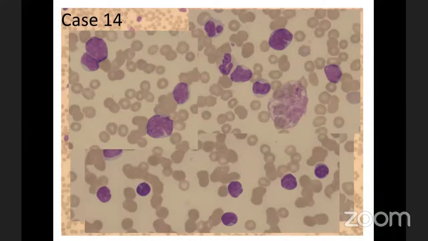But in this case, you shouldn't think that this is a case of CLL unless it's, for example, transforming or something else. Like in this case, it's not a classic CLL to start with. So mantle is a good differential.